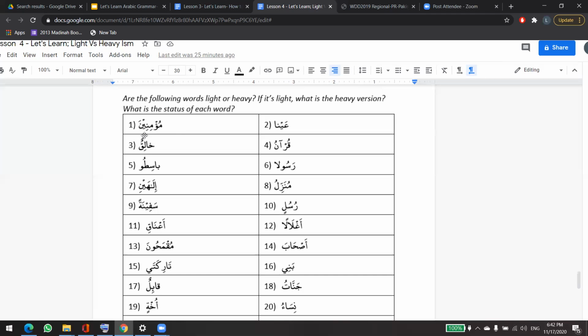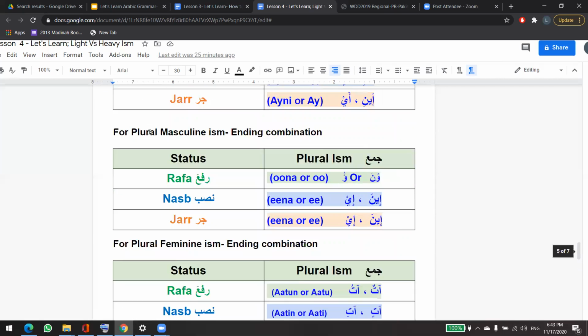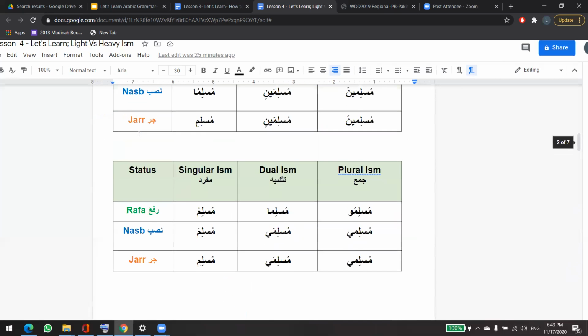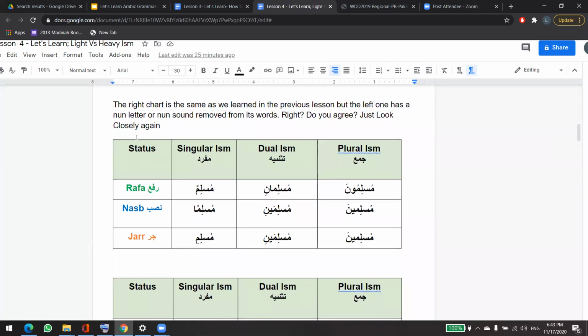So mu'minina. Do you see an ending combination? Look at the Muslim chart. You have the word mu'minina. So Muslimun, Musliman, Muslimin. Do they rhyme with mu'minina?